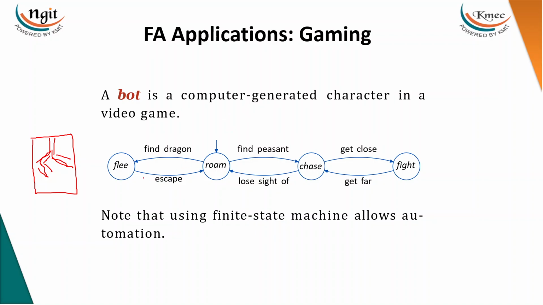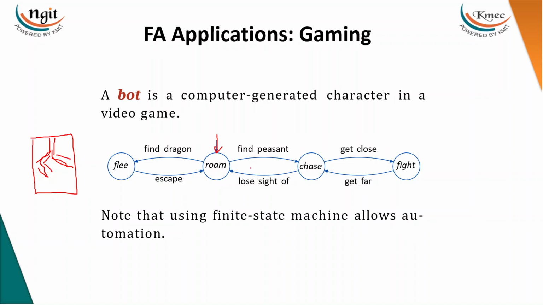So it has three states: flee, roam, and chase. The starting state is roam. If it finds a dragon, it flees away, right? If it escaped from the dragon, again it will start roaming. If you find a peasant, then chase, get close, and fight with it. Fight, get far away if you are losing sight, right? Then again go on roaming.